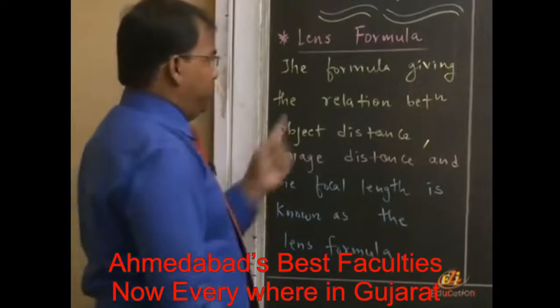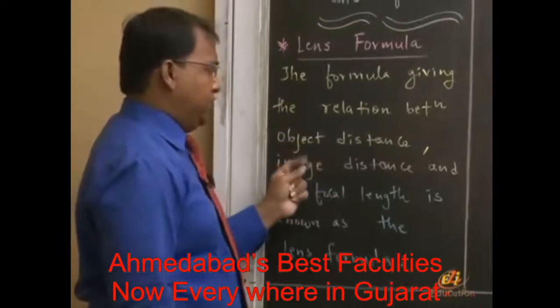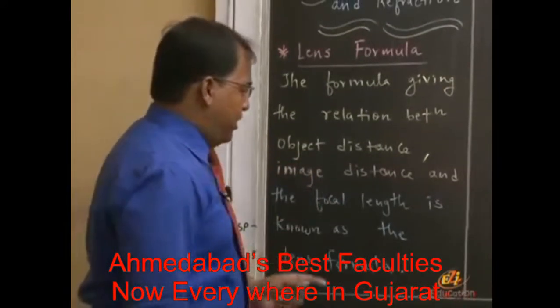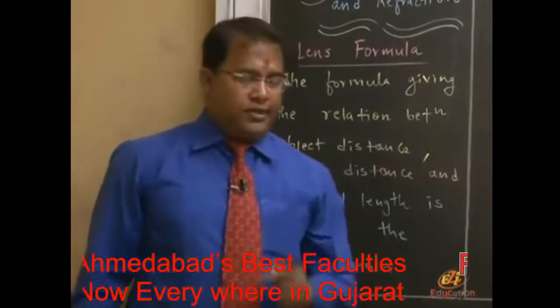So just mug it up. The formula giving the relation between object distance, image distance and the focal length is known as lens formula.